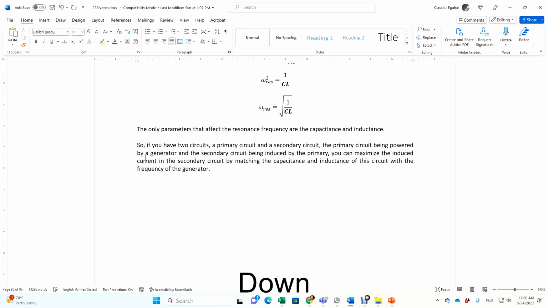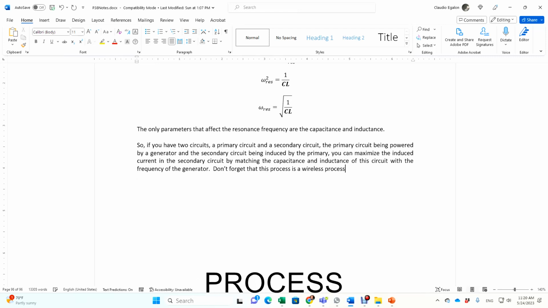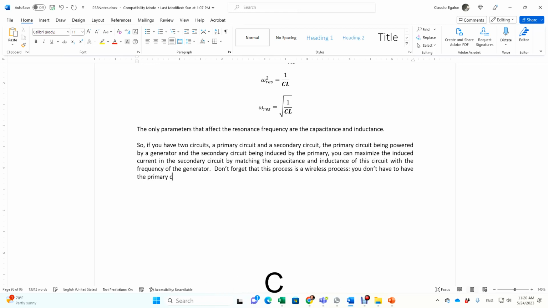That's how we do it. Don't forget that this process is a wireless process, right? You don't have to have the primary circuit physically connected to the secondary circuit.